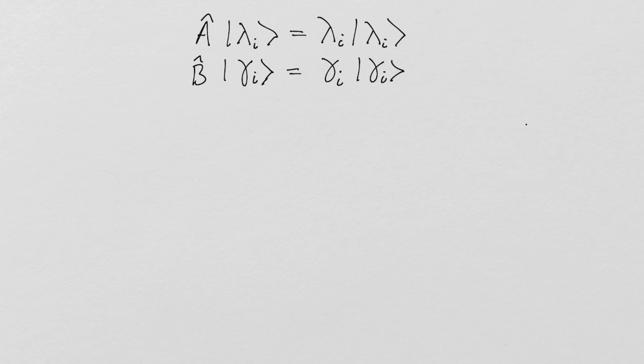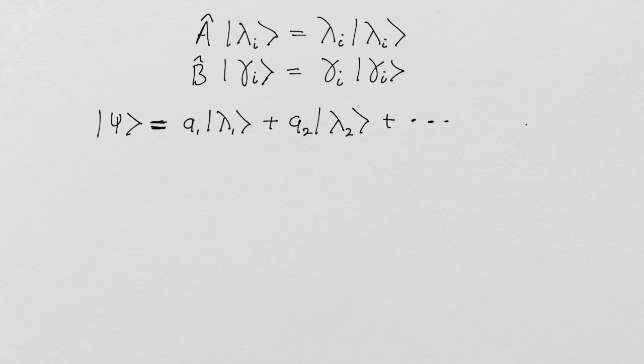So I can write down an arbitrary state psi as the linear superposition of all the eigenkets of the observable A. And this is terrific because once I cast psi in terms of these eigenkets, I'm telegraphing to the world that I'm about to make a measurement of this observable. I'm about to measure A.